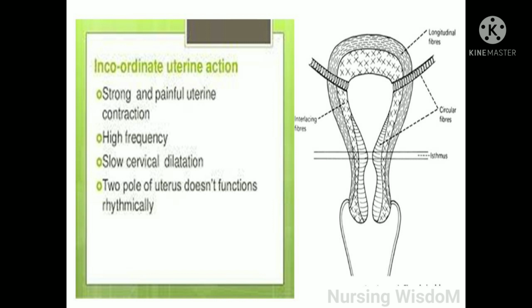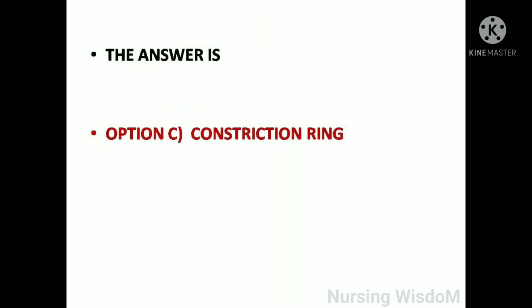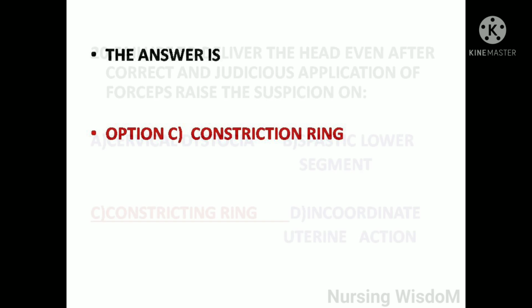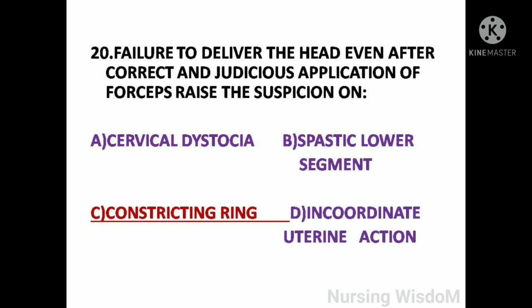Incoordinate uterine action has the characteristics of strong and painful uterine contraction, high frequency, slow cervical dilatation, two poles of the uterus don't function rhythmically. So here the answer is option C, constriction ring. Failure to deliver head even after correct and judicious application of forceps raises the suspicion of option C, constricting ring.